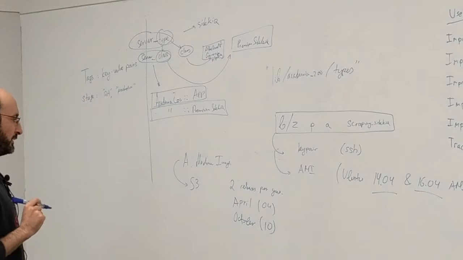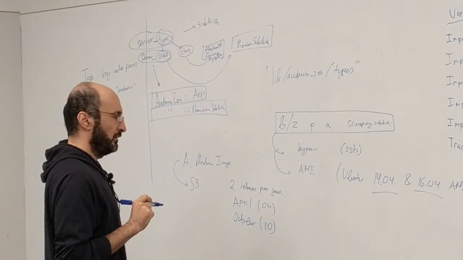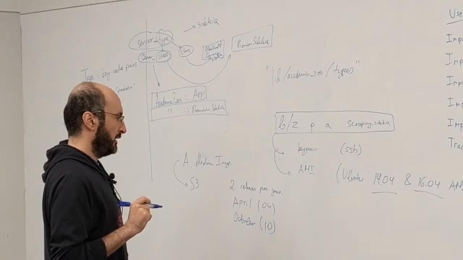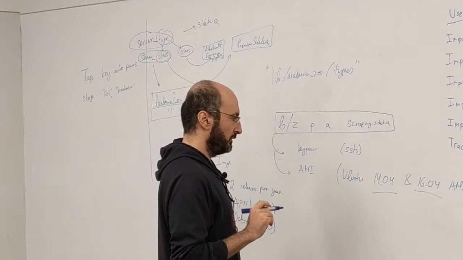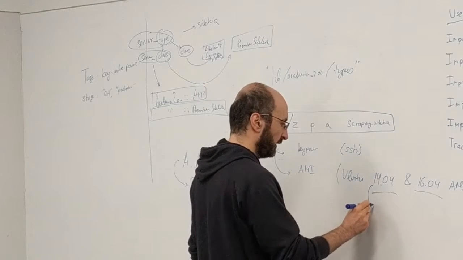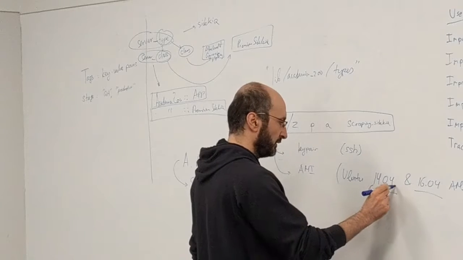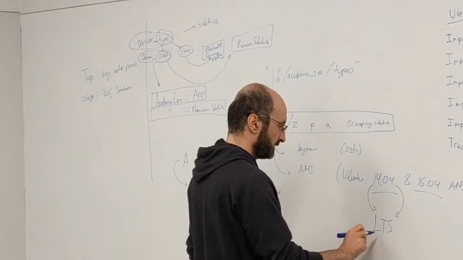Why those 2 in particular? Well, because there's a special rule for Ubuntu releases that happen on an even year in month 4. These are called LTS releases.